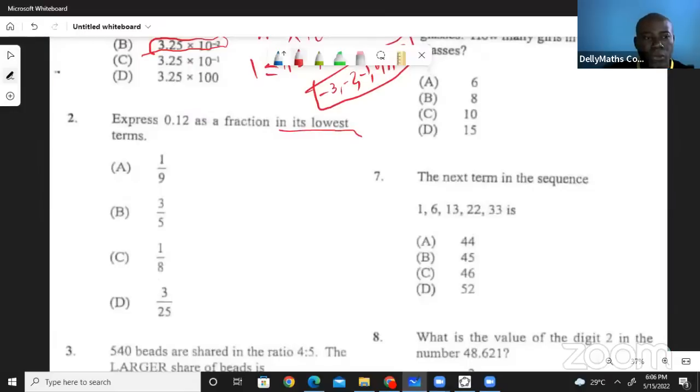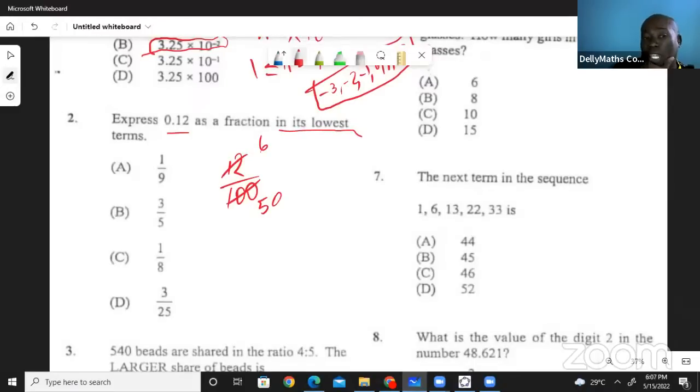So we're looking at 12 over 100. Basically, 0.12 is actually giving us 12 over 100. So then you want to break this down whichever way you can. Let us say you say 2. 2 into the 12, 6. 2 into the 100, 50.